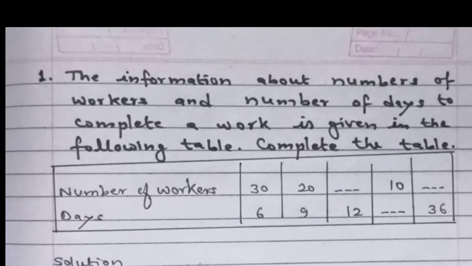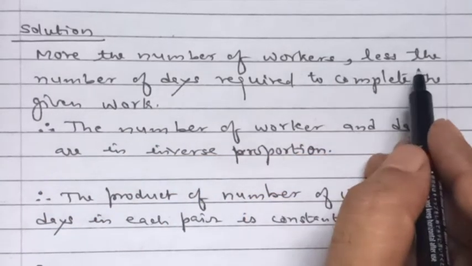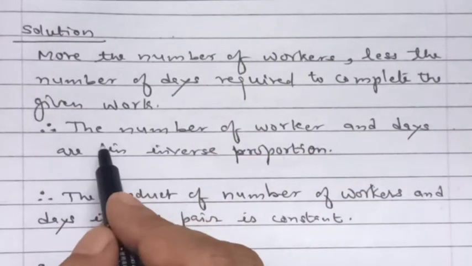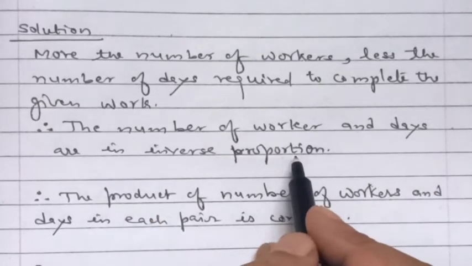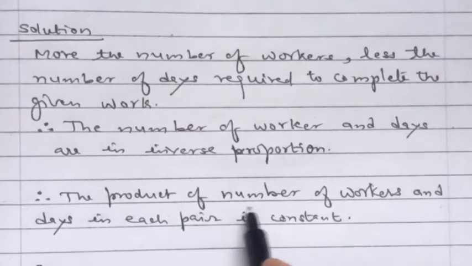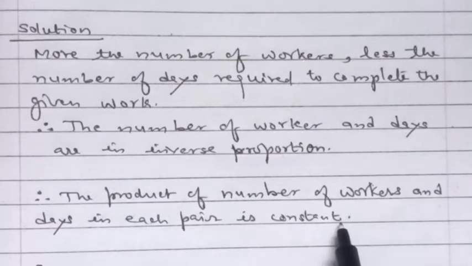More the number of workers, fewer the days required to complete the given work. Therefore, workers and days are in inverse proportion. Therefore, the product of the number of workers and days in each pair is constant.